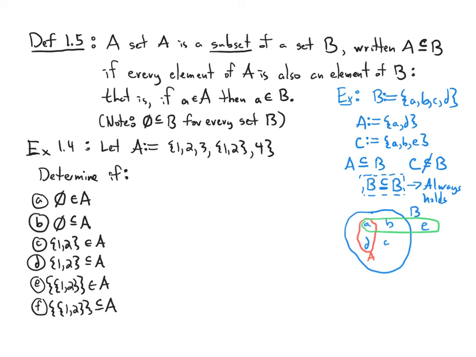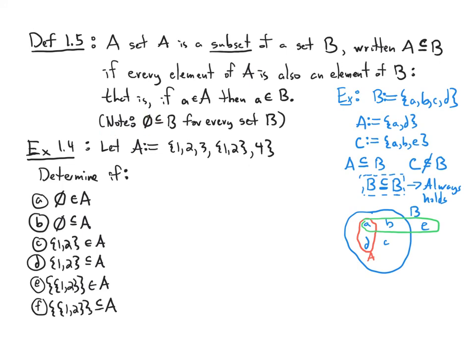So let's do the example here. I'll let you guys try it yourselves before you watch the rest of the video. We have the set A, and it has the elements 1, 2, 3, a set containing 1 and 2, and 4, and determine if the following are true. And I guess I should make a note here. I didn't go over this yet.